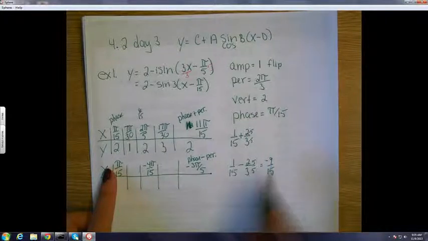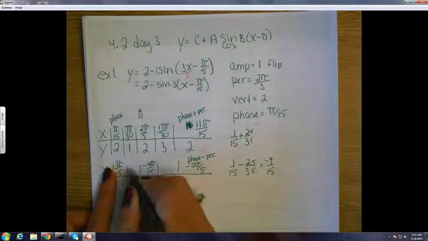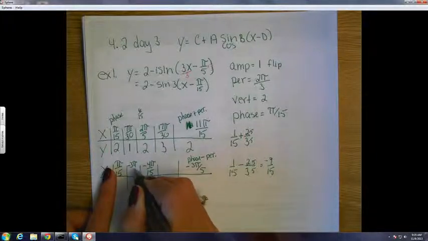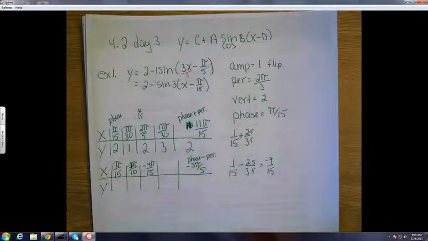Okay, the next one, 1/15 plus a negative 4/15 is negative 3/15. Half of that is negative 3 over 30, that reduces down to negative 1/10. Don't need the 1 there, but I had already written the 3, so I had to cover it up.